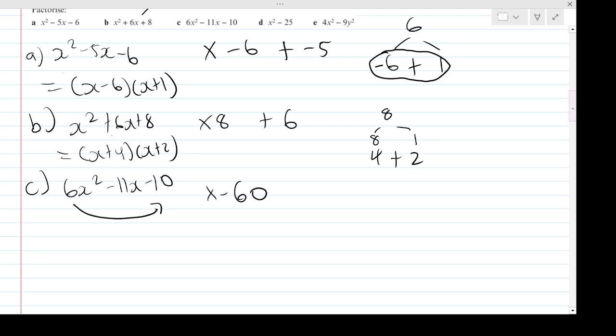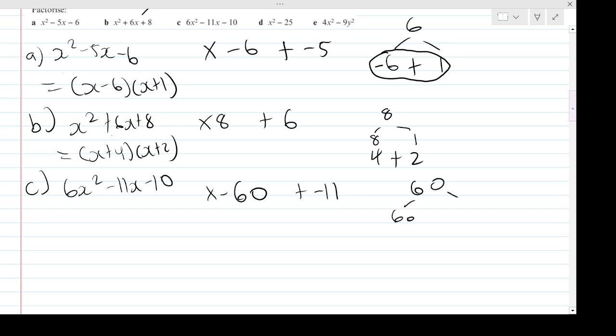So instead of considering the factors of minus 10, we're considering the factors of minus 60, which is 6 times 10. Okay, and then we add exactly to give minus 11. That bit hasn't changed. So it's a slightly adjusted method, but the method's generally the same. Okay, so minus 60 and minus 11. Well, let's just consider the factors of 60.